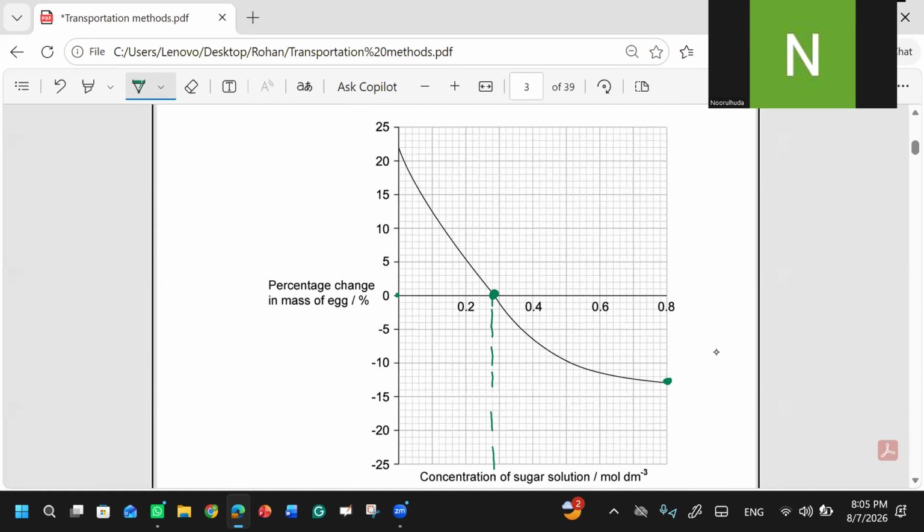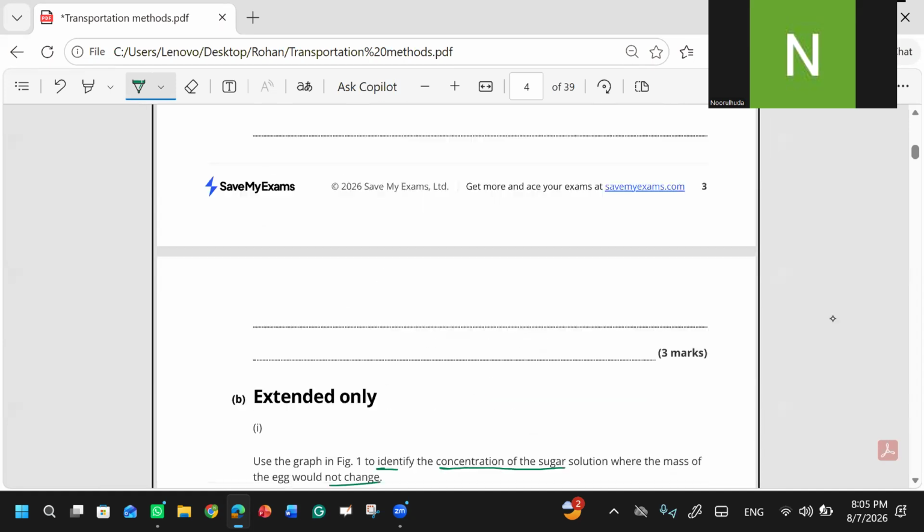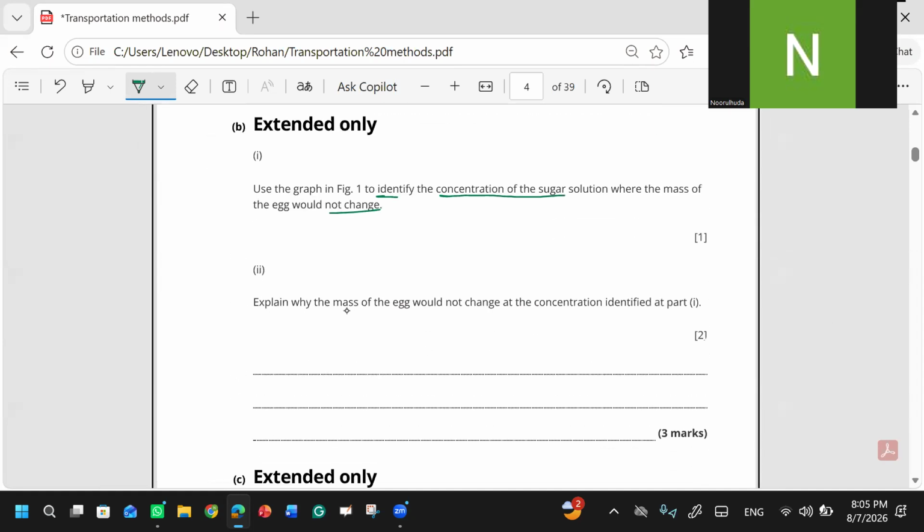Like what percentage will it change from it? Why the mass of the egg would not change. So what can we say? I'm not sure. Any idea?